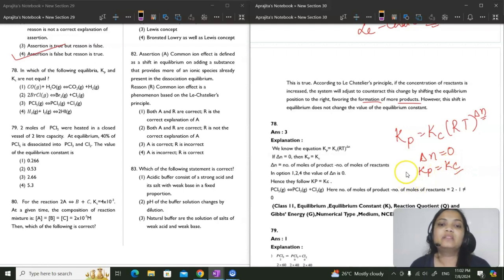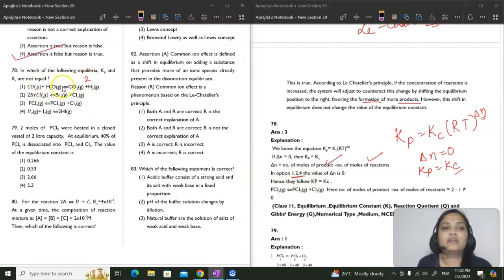Delta n means number of moles of gaseous products minus number of moles of gaseous reactants. In options 1, 2 and 4, the number of moles on product side and reactant side is 2 and 2, except one case where it is 1 and 2. For 1, 2 and 4, the delta n value will be 0, which means Kc will be equal to Kp.